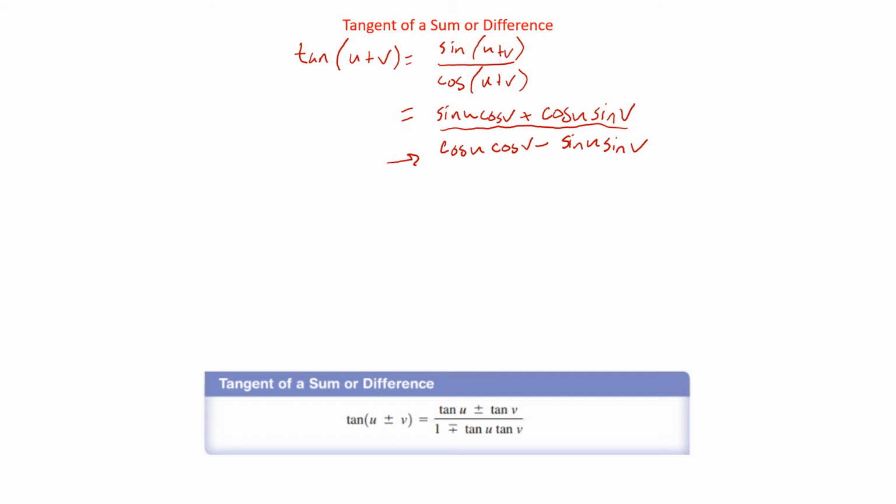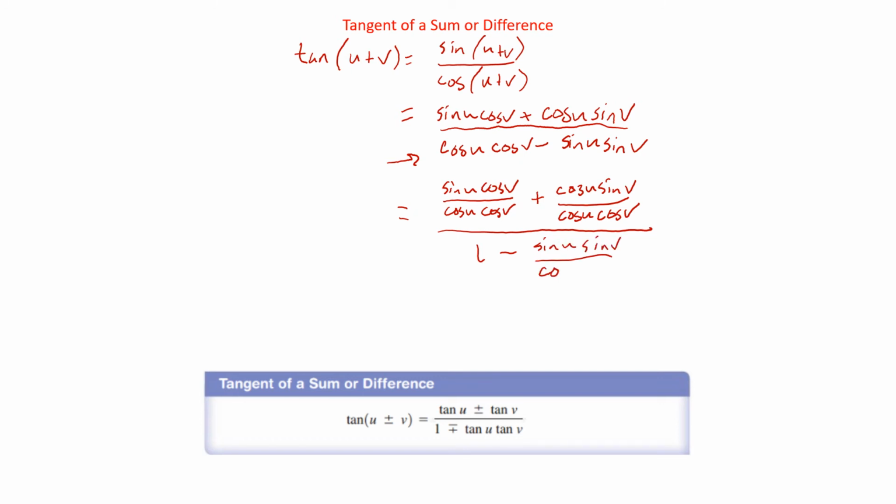So we would end up with sine u cosine v over cosine u cosine v plus cosine u sine v over cosine u cosine v, over, when we divide by itself it's 1, I'm just going to leave that, minus sine u sine v over cosine u cosine v, and then some stuff cancels.